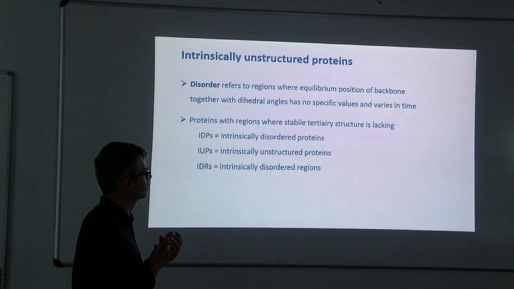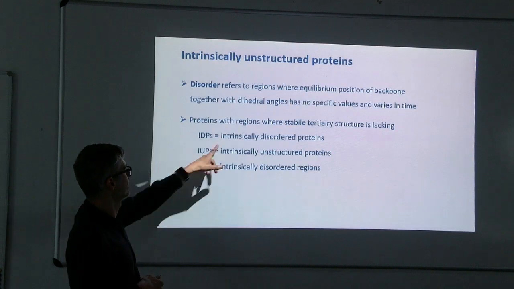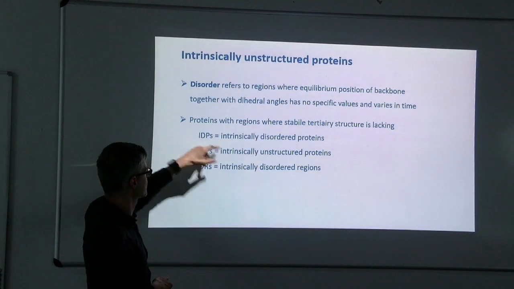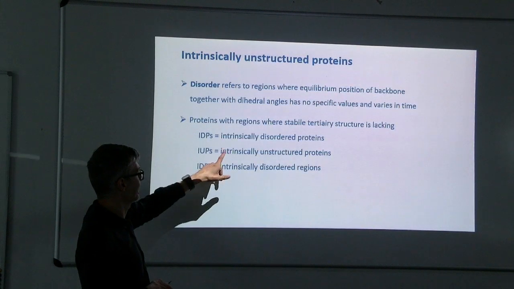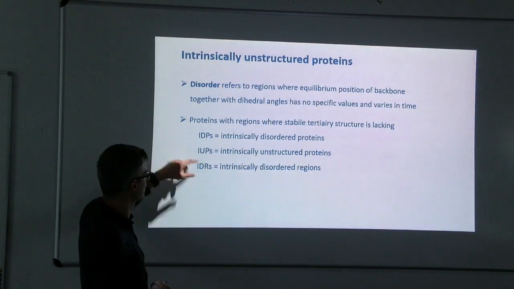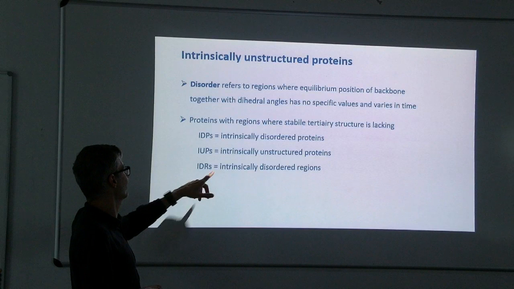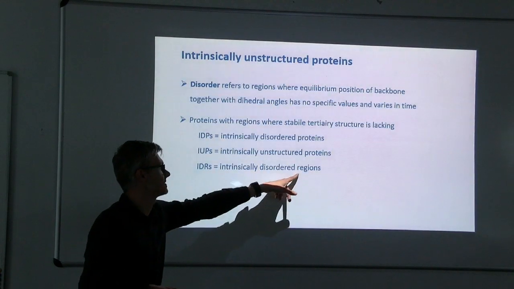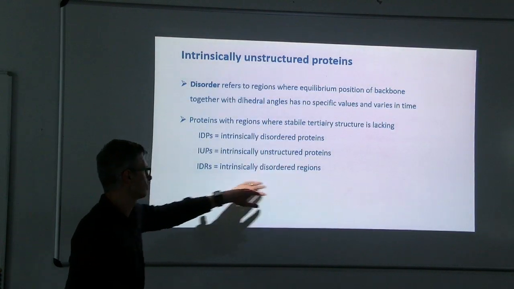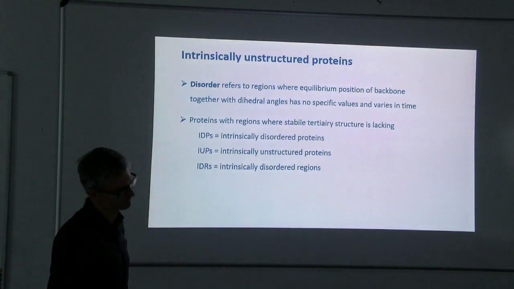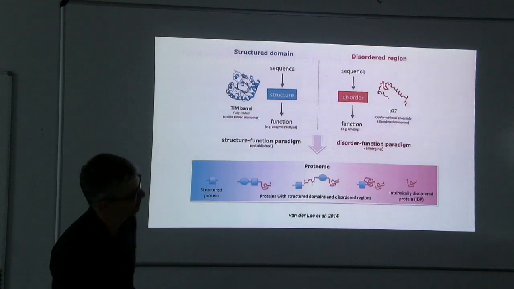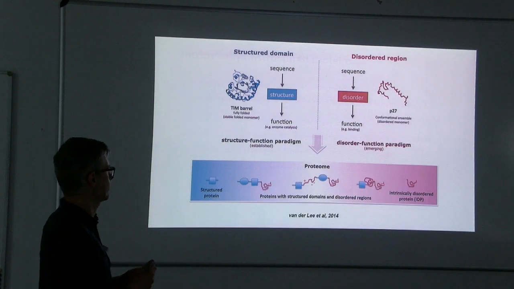There are three different terms you find. Some people call them intrinsically disordered proteins or IDPs. Some call them intrinsically unstructured proteins or IUPs. And you also find intrinsically disordered regions. So here you're talking about proteins, here you're talking about regions or IDRs. But basically it's just referring to the same thing.